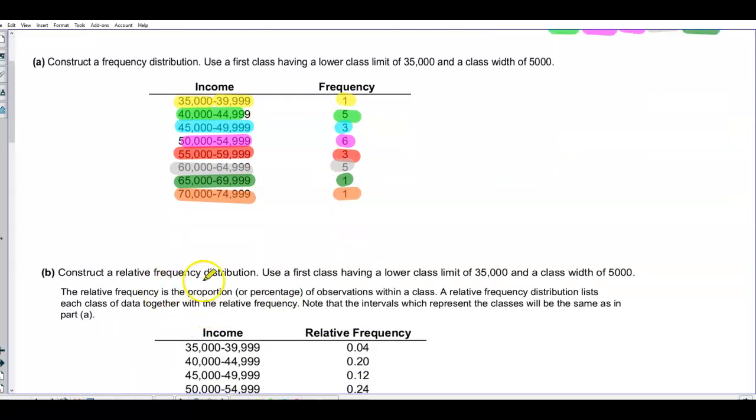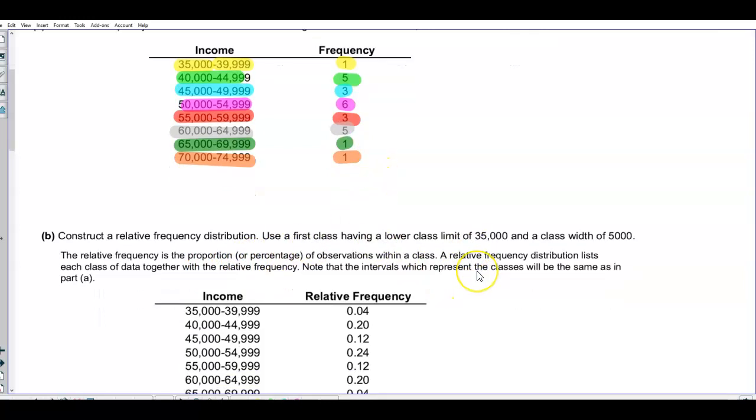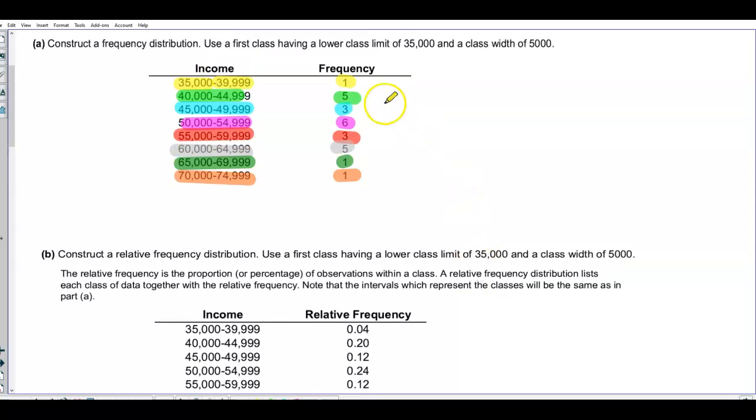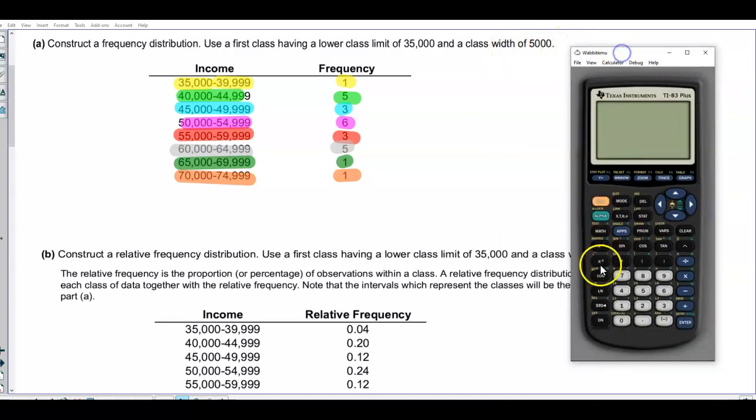Okay, now we're going to construct a relative frequency distribution using a first class having a lower class limit of 35,000 and a class width of 5,000. When we add these up, we can add them on a calculator: 1 plus 5 plus 3 plus 6 plus 3 plus 5 plus 1 plus 1, and that gives us 25.